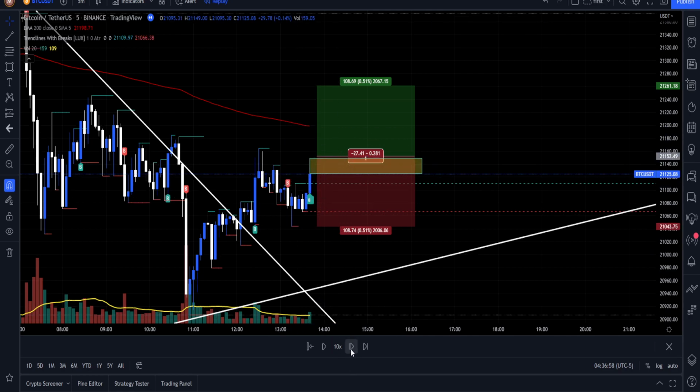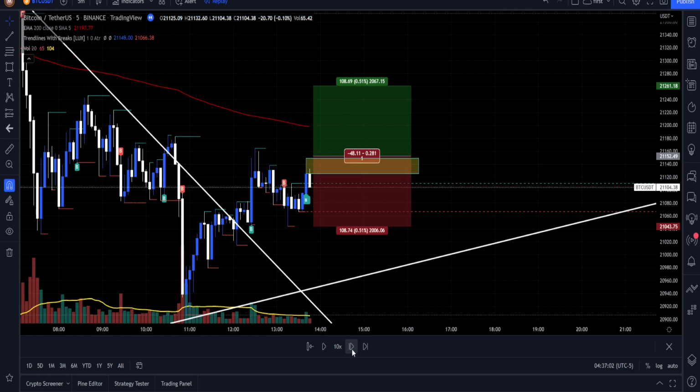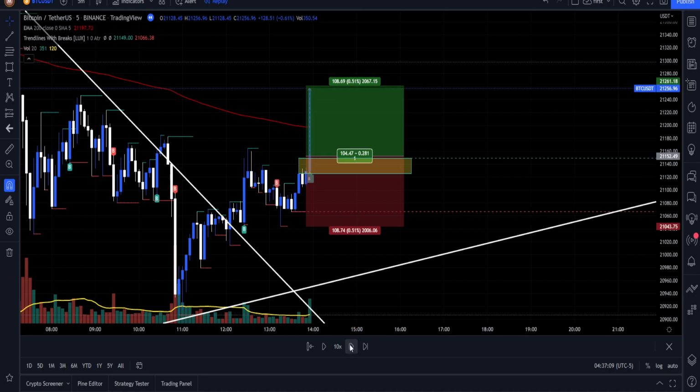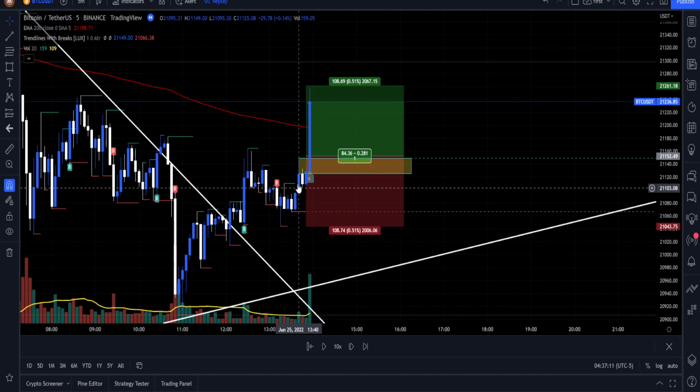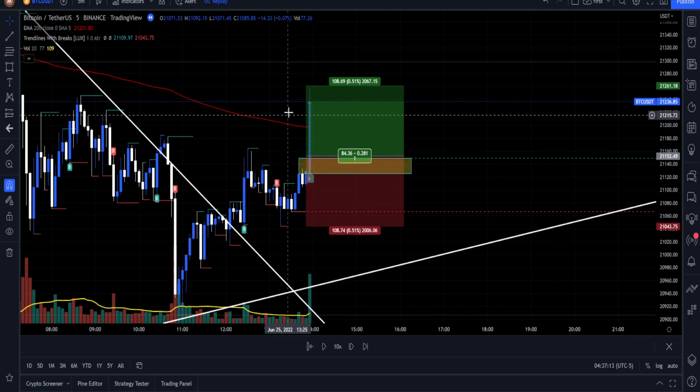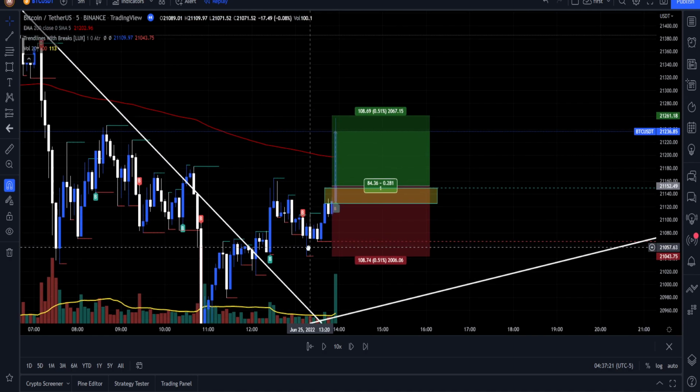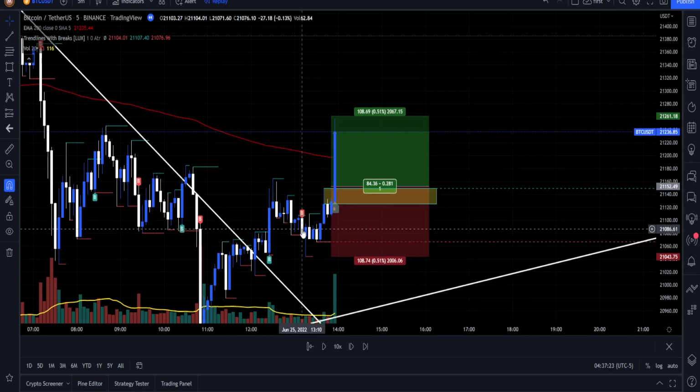So let's see what happens here. And it appears price might go down. Nope. And this is how we enter with momentum into a trade. We watched price come back to the trend line. We watched for depletion on the 15-minute candles.